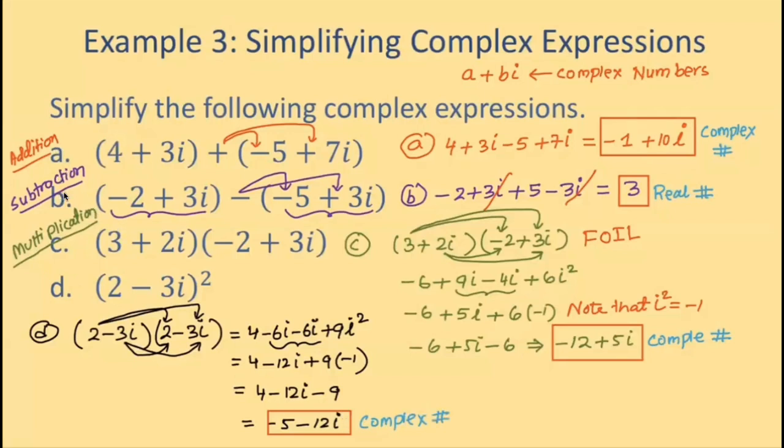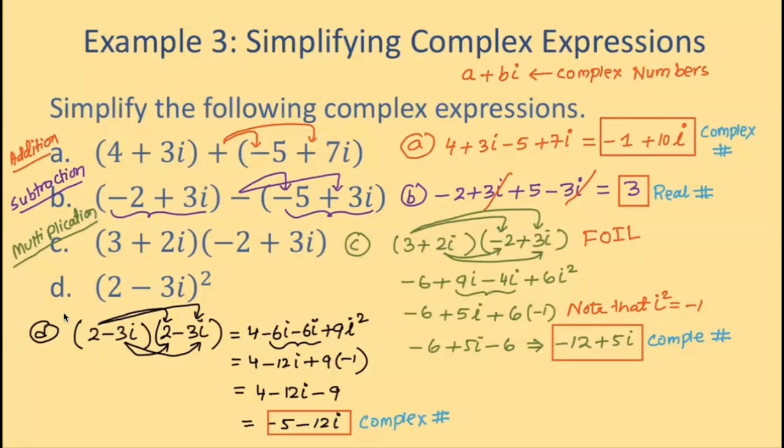So A and B is addition, C and D, A is addition, B is subtraction. We can say addition and subtraction, right? They are just the opposite operation, basically the same operation, however you want to call it. But C and D, they are multiplication. So after we do addition, subtraction, multiplication, what do we do next?